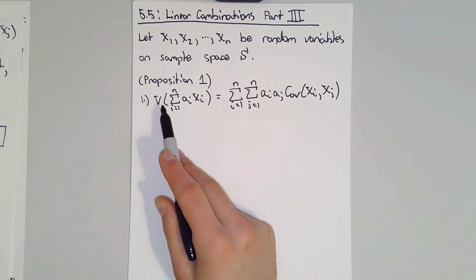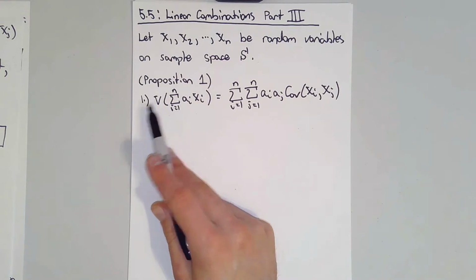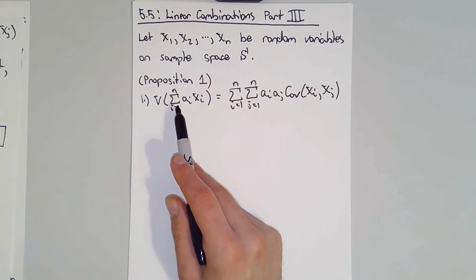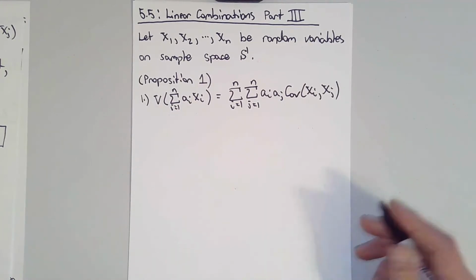So expectation was a linear operator. We can see from part 1 that the variance operator is not linear, but it does have this relationship.